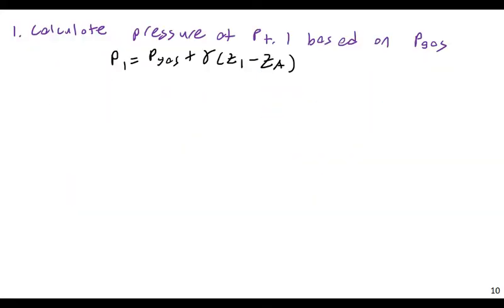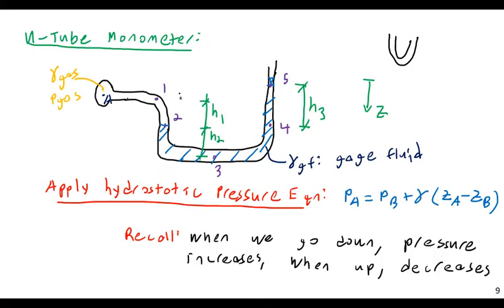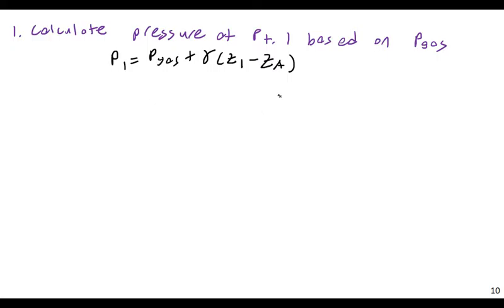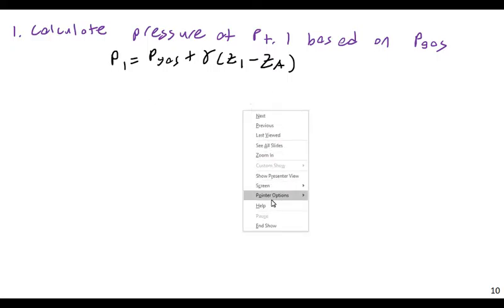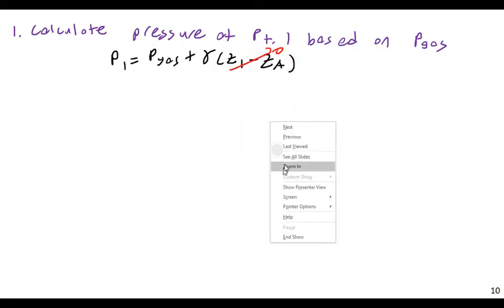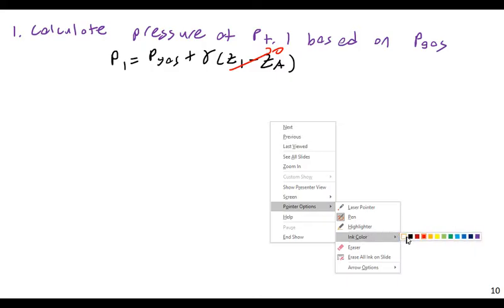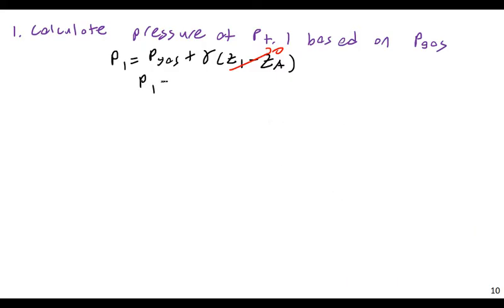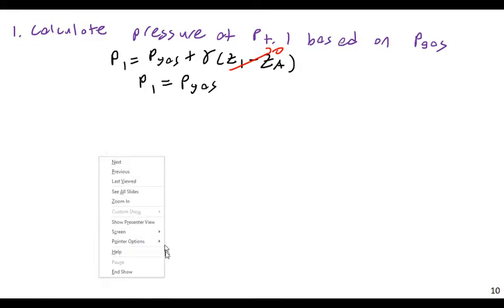So basically I'm going from here to here. However, there is no difference in elevation, so this term is 0. Therefore, P1 is equal to P gas. No surprise there. Now the next one does get a little more tricky.